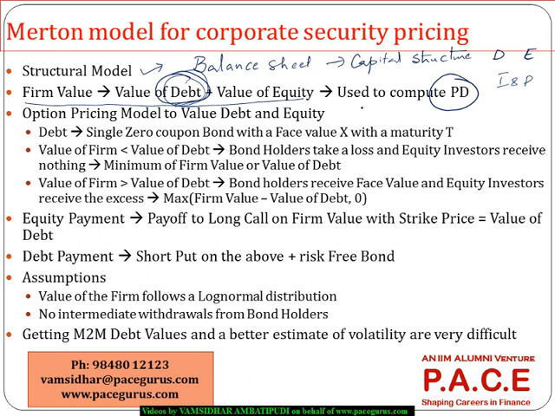If we understand this in a little more detail, whatever is the value of the firm, if the firm is getting liquidated, this is the amount that the firm will fetch if it has to sell off.